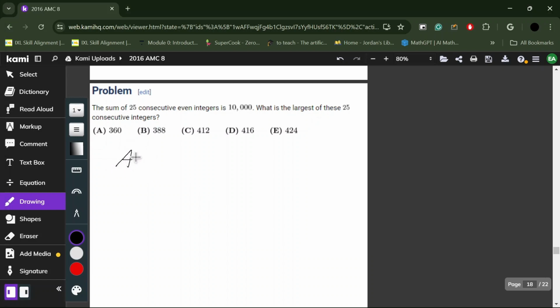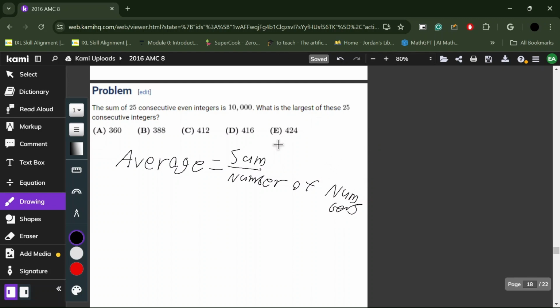So average is going to be equal to the sum of all the numbers divided by the number of numbers. Okay? Sorry for my handwriting.